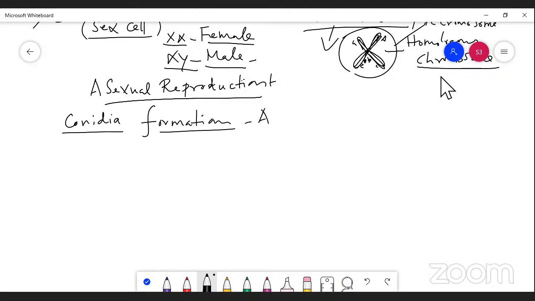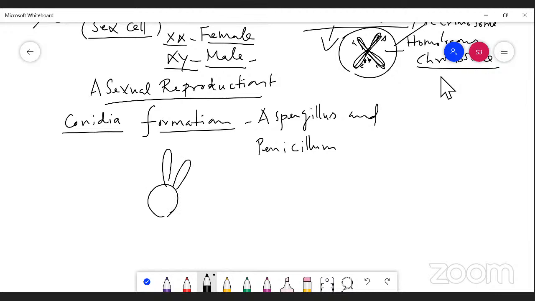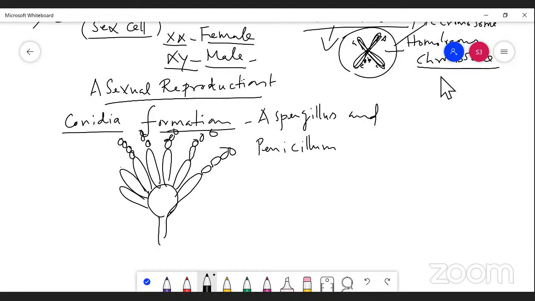In this case, Aspergillus and Penicillium show spore formation, the conidiospores. The conidiospores produce the Aspergillus and Penicillium.